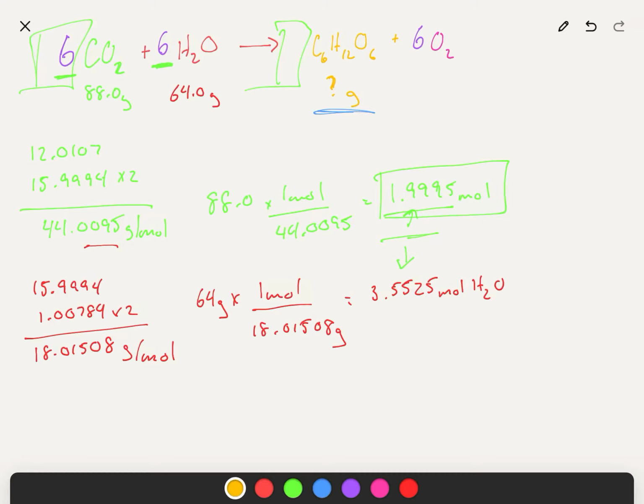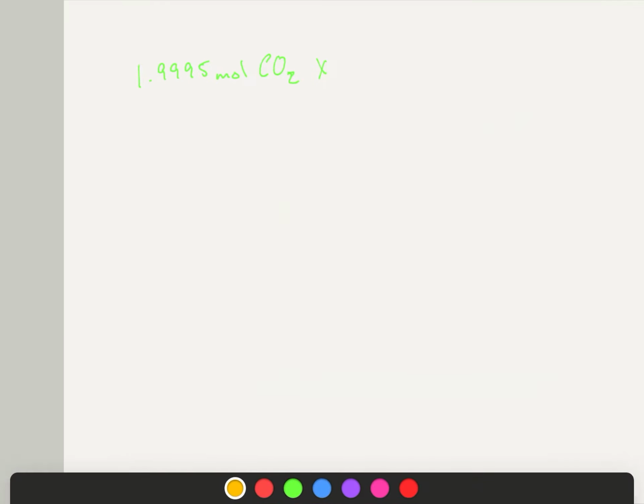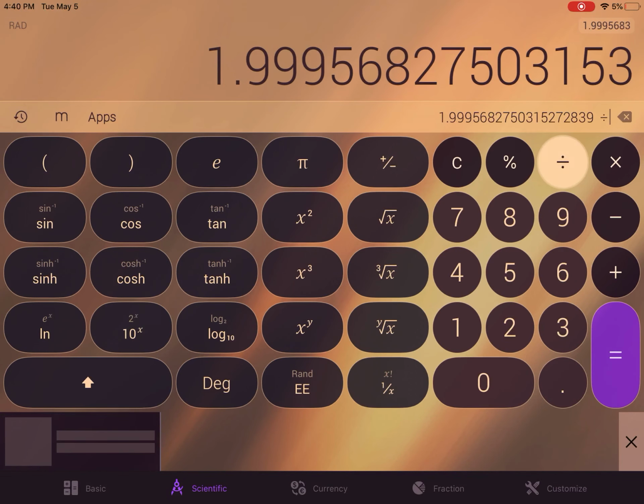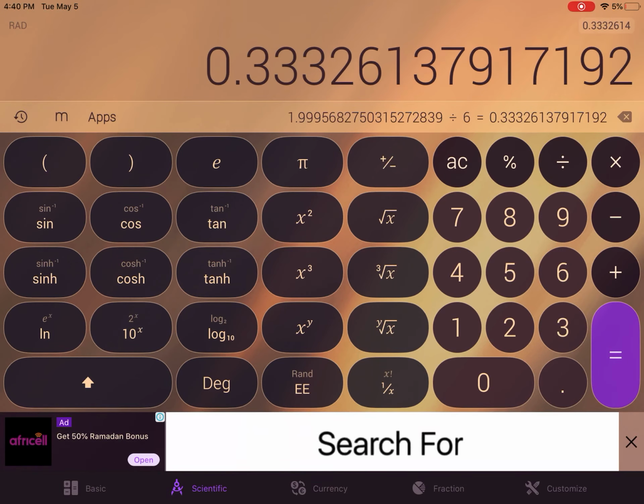So we will multiply by 1 mole of glucose over 6 moles of CO2. So 1.9995 divided by 6 equals 0.33326 moles of glucose.